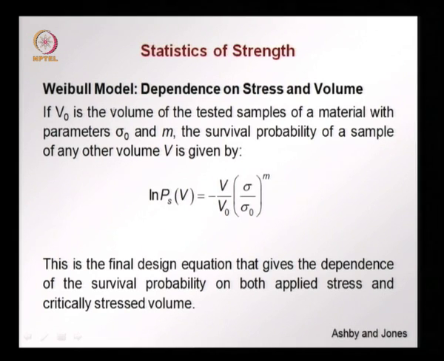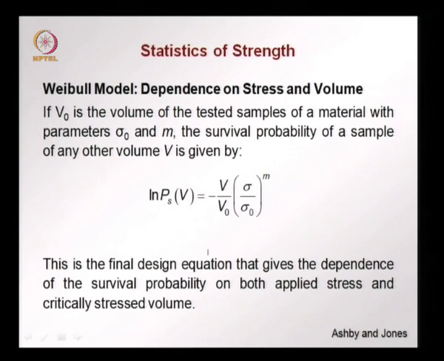If V0 is the volume of the tested sample that we tested, say in uniaxial tension, and the parameters of the Weibull model for this material are sigma 0 being the mean strength and m being the Weibull modulus, the survival probability of a sample with any other critically stressed volume V is given by this: the natural log of the survival probability of volume V is minus V by V0 times sigma by sigma 0 raised to the power m.